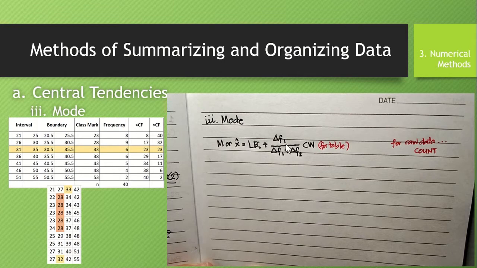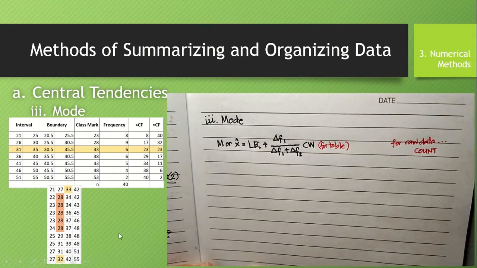Then the difference of the frequency of the modal class, subtracted by the frequency of the next class interval. That's your delta f sub 1, your delta f sub 2.